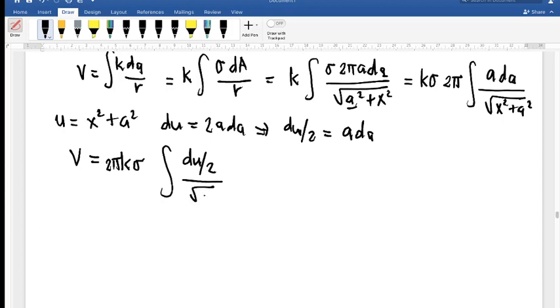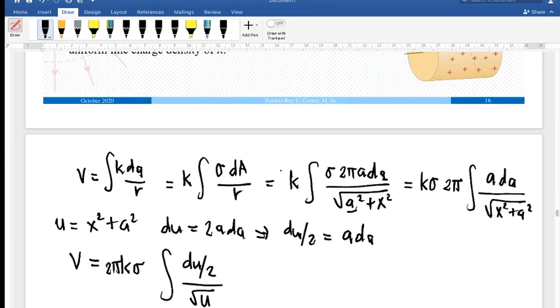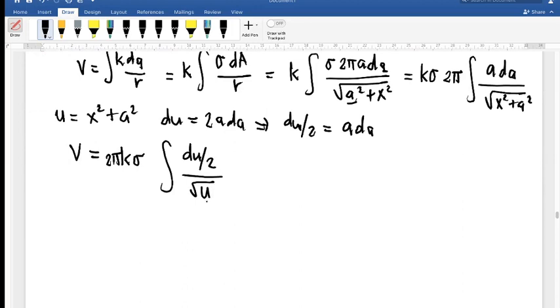So V is equal to k sigma 2 pi, then du over 2 in place of a da, over the square root of u. The limits of integration we will just put at the end of the expression, where we change the u back into the original expression.